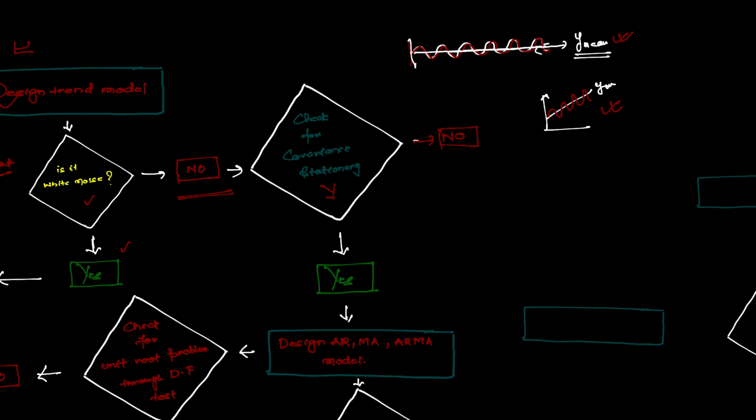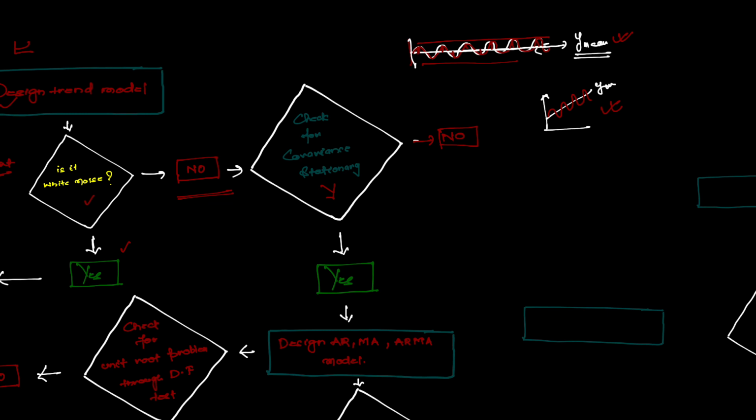The second property of covariance stationary is that the variance is constant or stable or finite. Okay. So if you look into this height, the distance from the mean is stable, it's constant, it is finite.